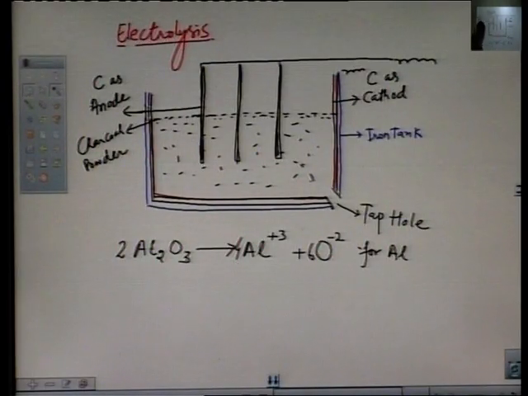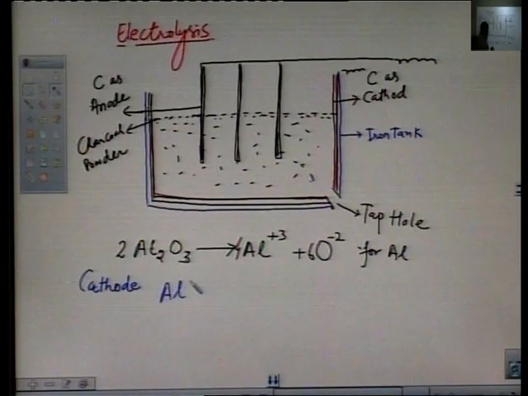At cathode, aluminum takes up electrons.